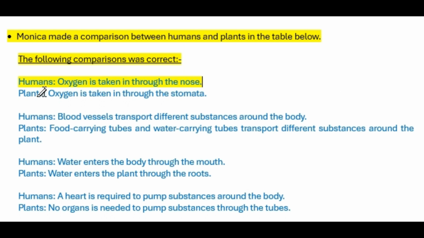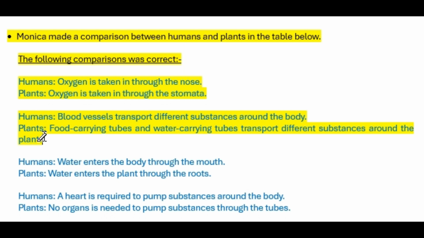Plants, oxygen is taken in through the stomata. Humans, blood vessels transport different substances around the body. Plants, food-carrying tubes and water-carrying tubes transport different substances around the plant.